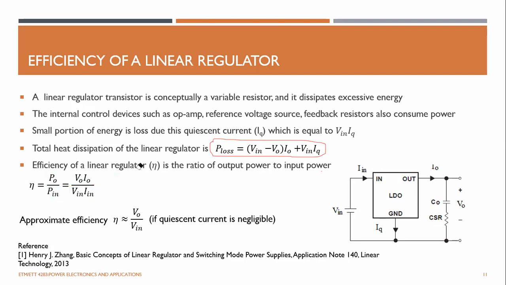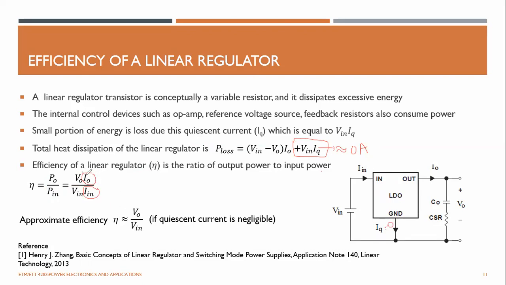This is the fundamental equation, but we can get an approximation assuming that in a well-designed linear regulator, the quiescent current is approximately 0. In that case, we know that I out should be equal to I in, because when IQ is 0, I in equals I out.